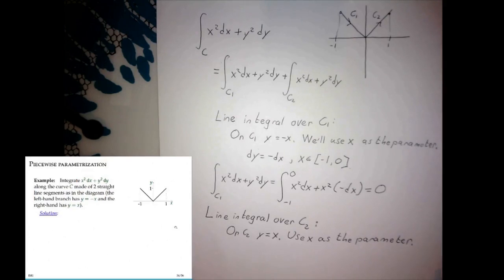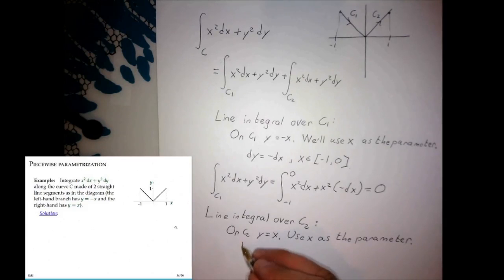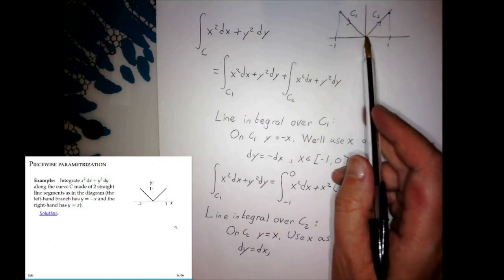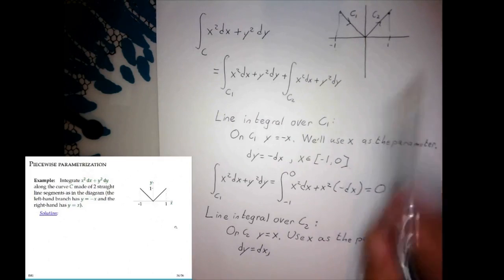Okay, and so when we use x as the parameter, in this case, we have y equals x, and so when we're integrating on C2, dy equals dx. And for C2, x goes between 0 and 1.